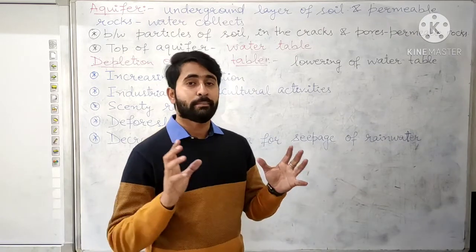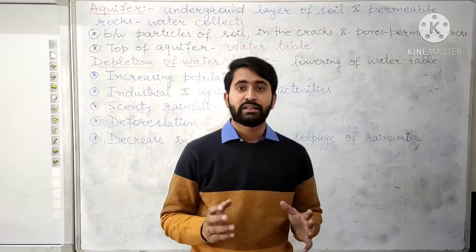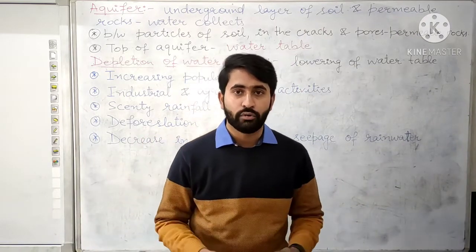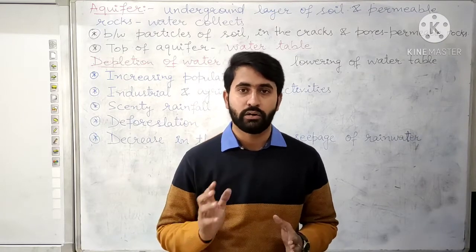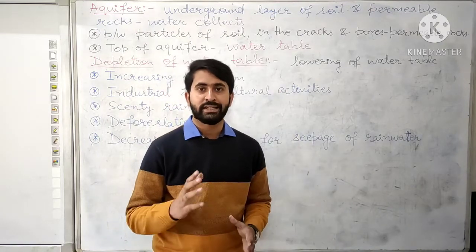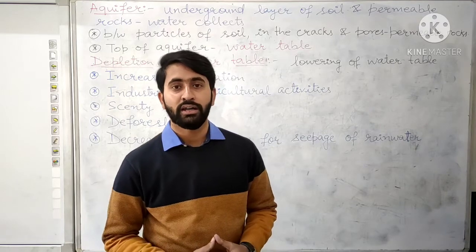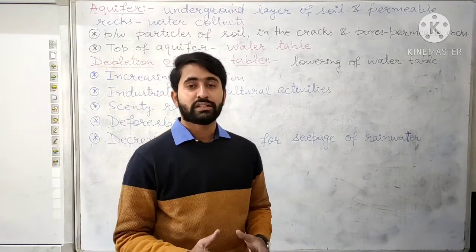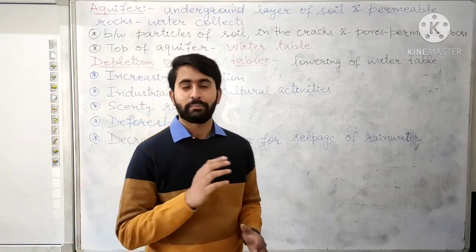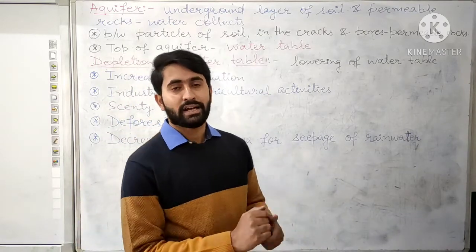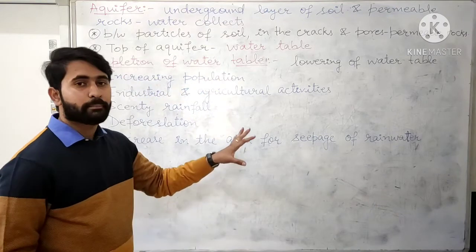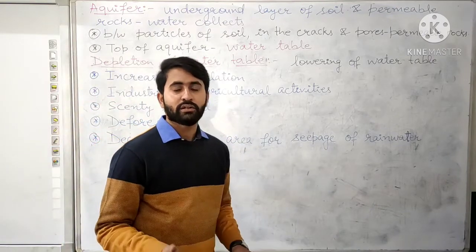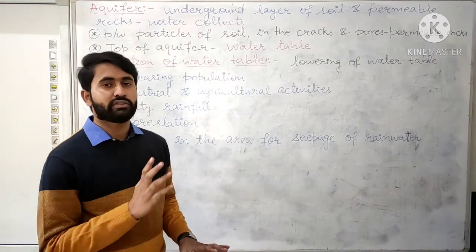Now fewer trees and plants will allow less rainwater to seep into the ground. So deforestation leads to less rainfall and less seepage of rainwater, due to which the water table gets depleted. So these are the various reasons behind the depletion, or we can say the lowering of the water table.